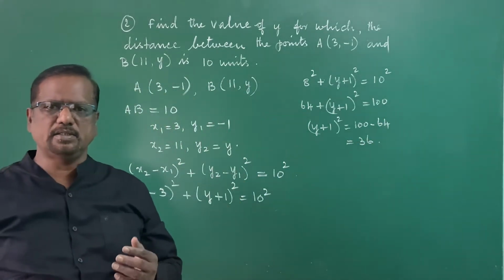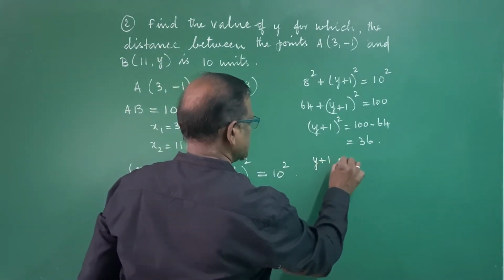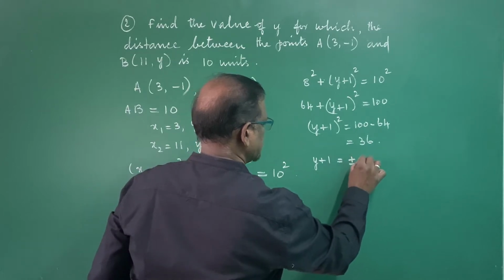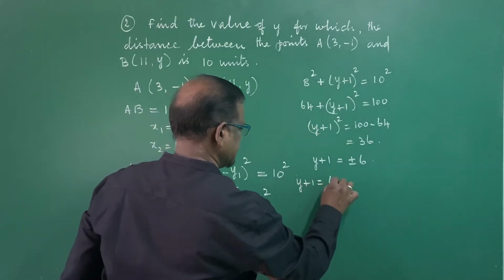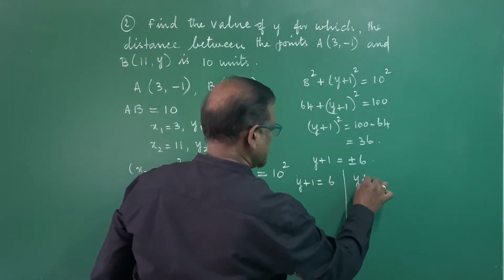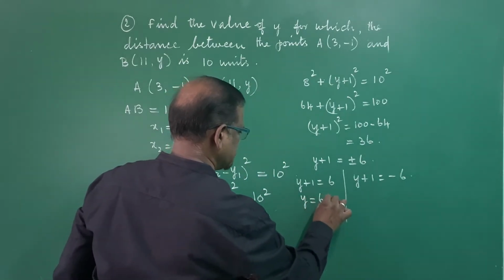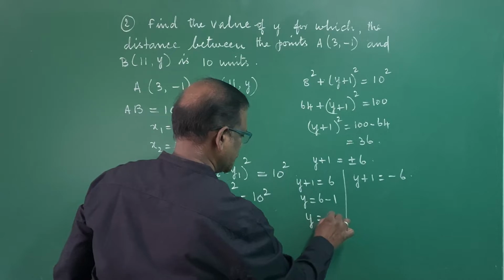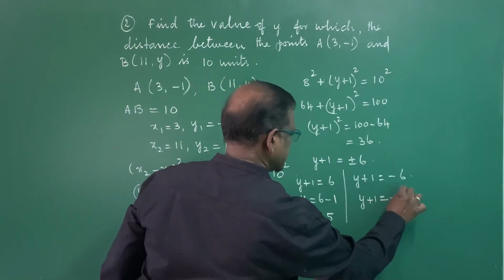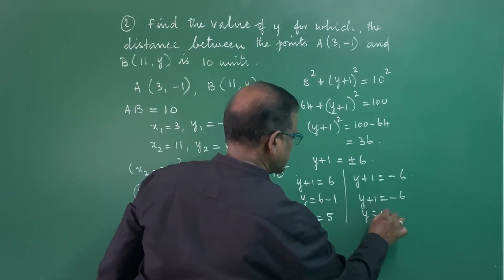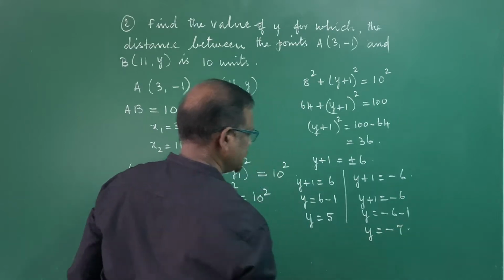Let us take the square root on both the sides. We will get y plus 1 is equal to plus or minus 6. Hence, y plus 1 can be 6 or y plus 1 can be minus 6. So, y is equal to 6 minus 1, y is equal to 5, or y plus 1 is equal to minus 6, y is equal to minus 6 minus 1, y is equal to minus 7.